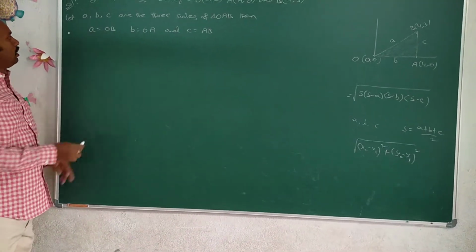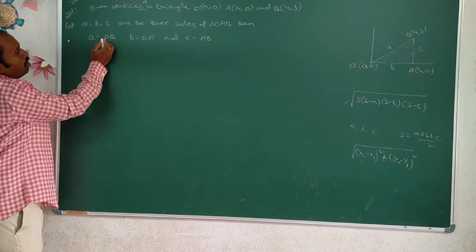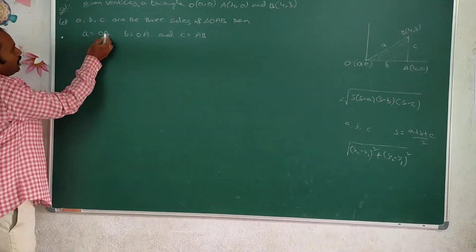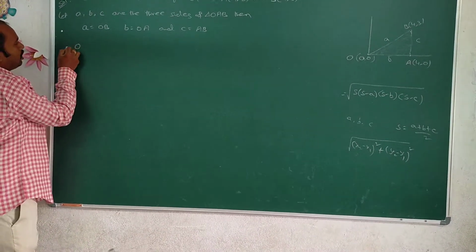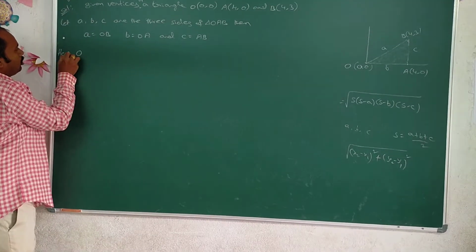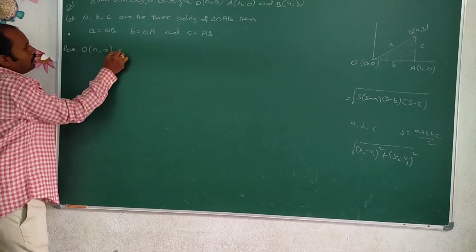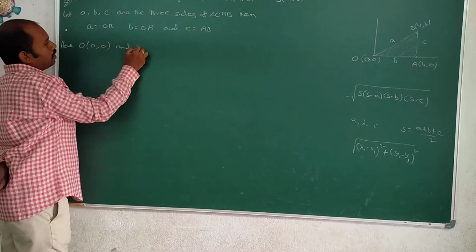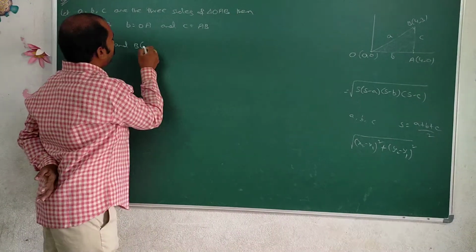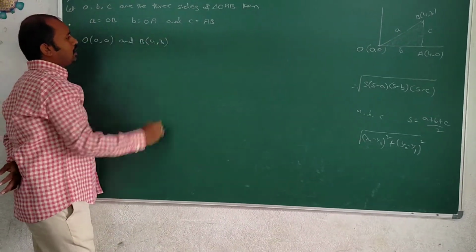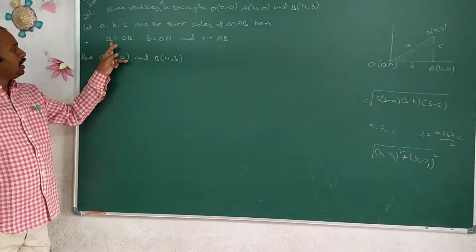First you find a. So a means what do you find? Origin and B, two points are taken. Origin 0, 0 and B, given point 4, 3, are the given points to find a.